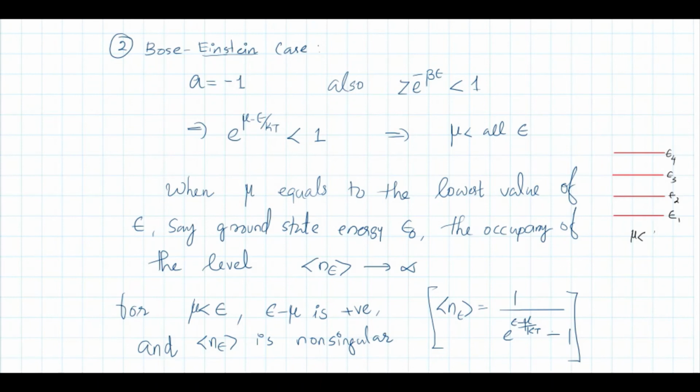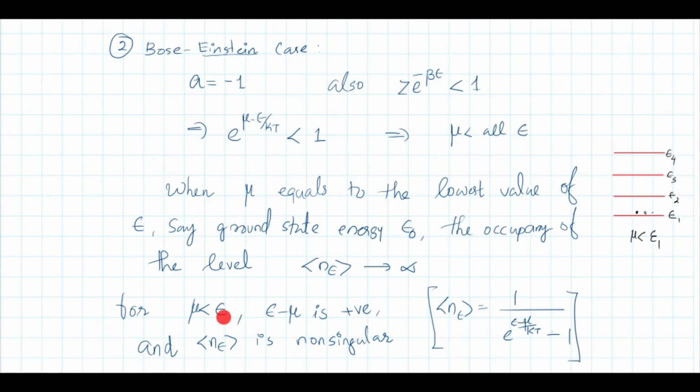That means mu should be less than the lowest one, epsilon 1. So when mu approaches the value epsilon 1, the occupation number tends to infinity. Okay, so if you vary temperature, you can make all the particles accumulate on the ground state, and that is known as Bose-Einstein condensation. We will discuss Bose-Einstein condensation in the coming lectures.